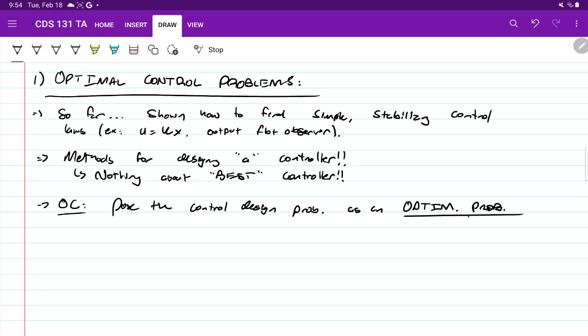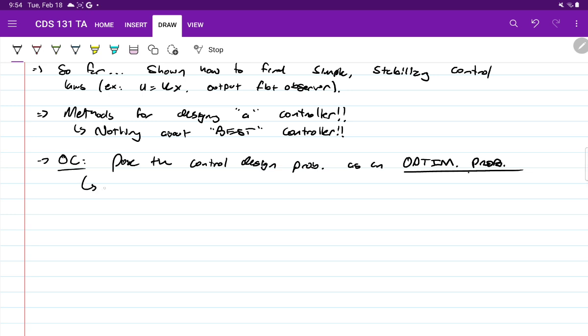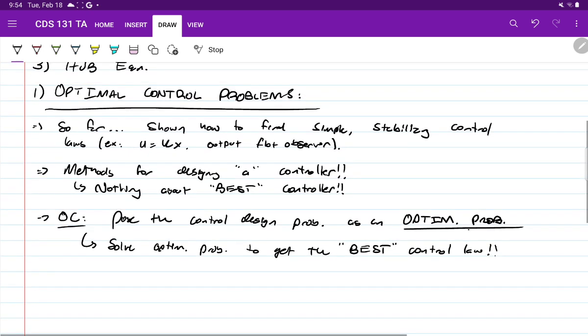Okay? And then using some sort of technique, you'll solve the optimization problem to get the best control law for this particular optimization. All right, so that's the general high-level idea of what optimal control is.